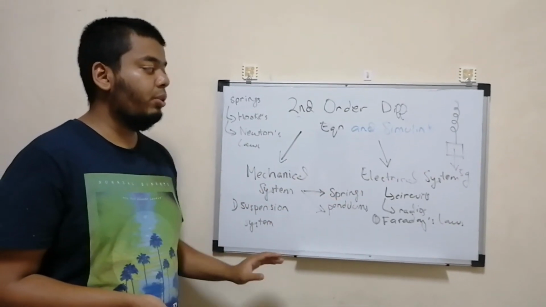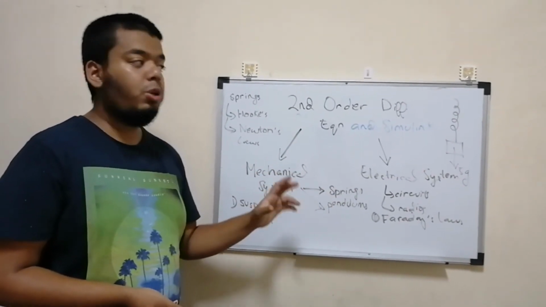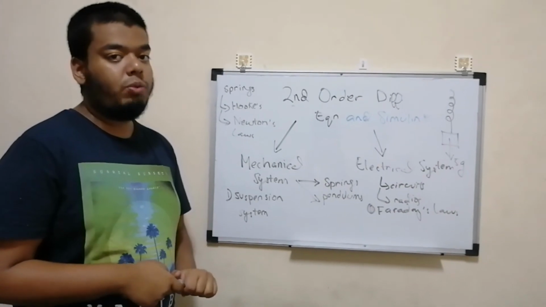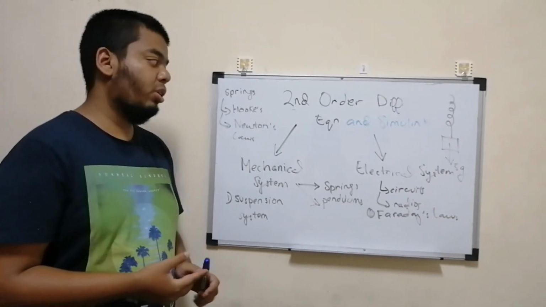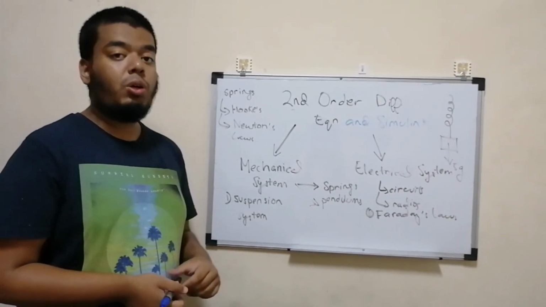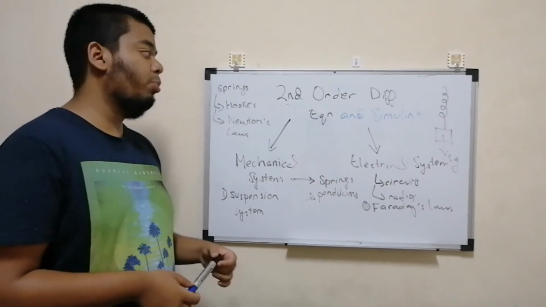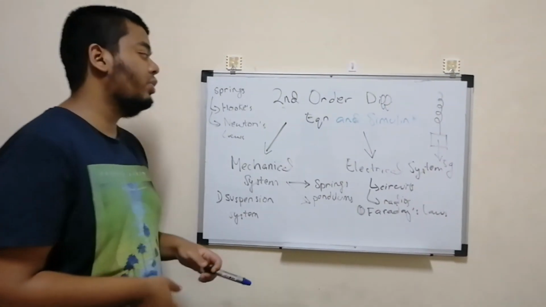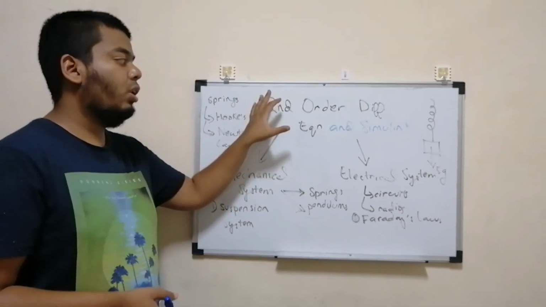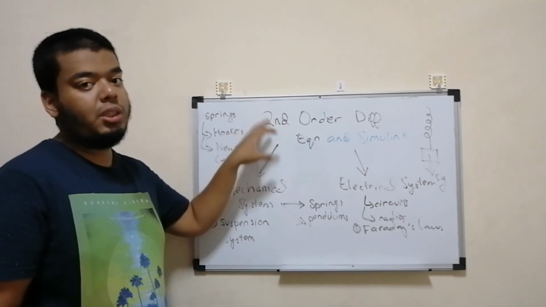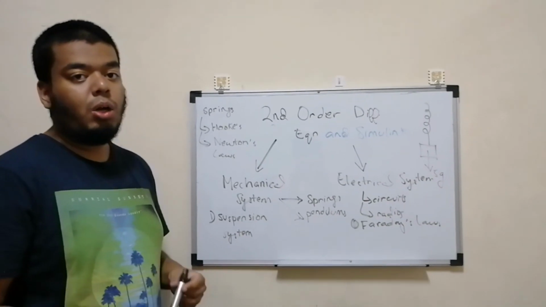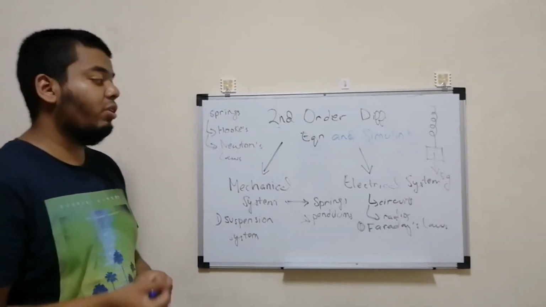Both these things, if you do in Simulink, it will show you an exact graph, and then we can design a Simulink model. A Simulink model can actually go further, you can design an aircraft control system. It can help you design many different kinds of control systems, and having the knowledge of differential equations or mathematical models is very important.